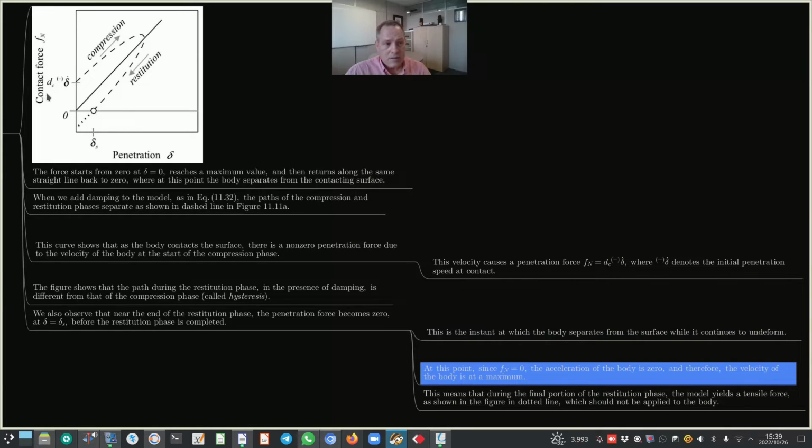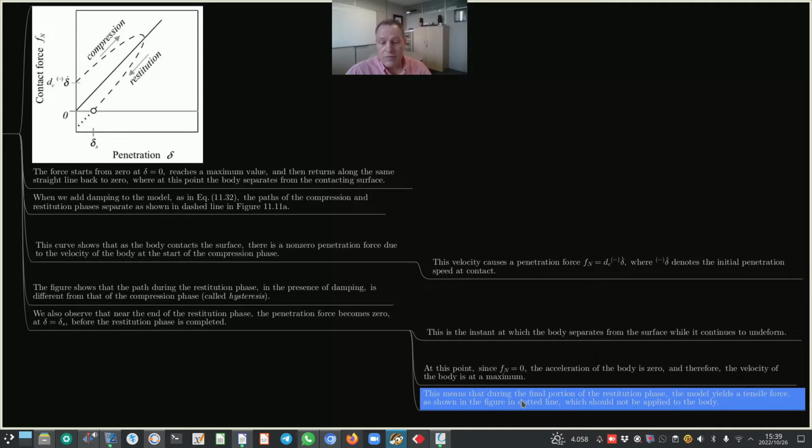Now at this delta S point, since the contact force is 0, the acceleration of the body is 0, and therefore the velocity of the body is at a maximum. This means that during the final portion of the restitution phase, the model yields a tensile force. This is now this portion over here, as shown in the figure in dotted line, and this should not be applied to the body.